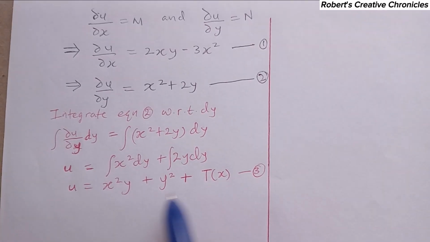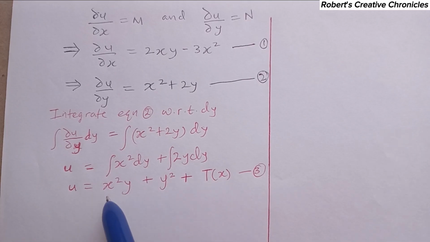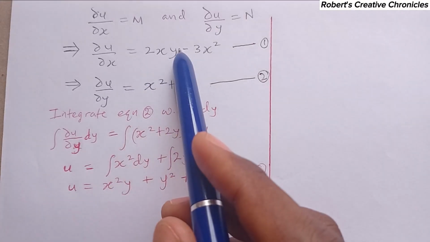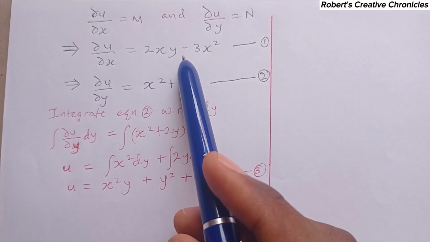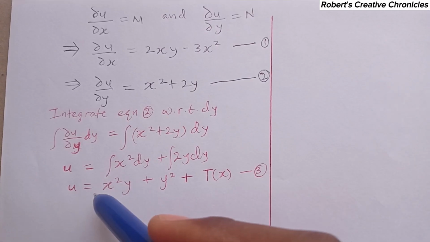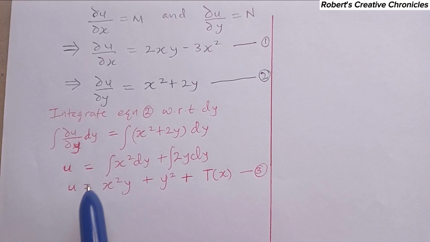So now we are going to differentiate this equation for u with respect to x, so that we can equate it to equation 1. We'll find the partial derivative of u with respect to x.